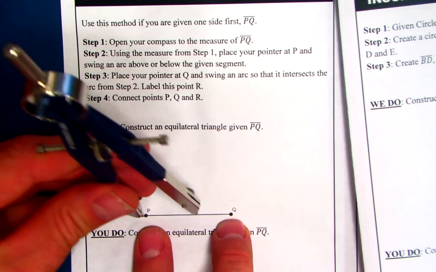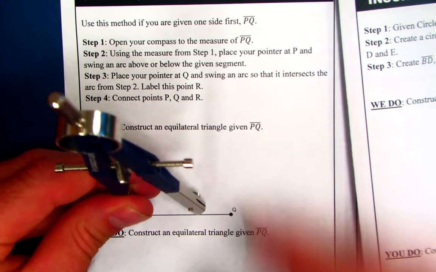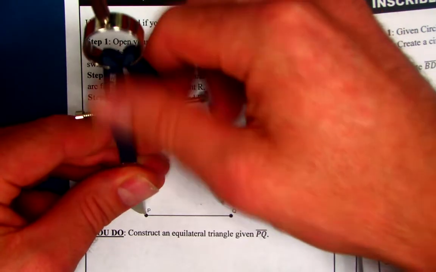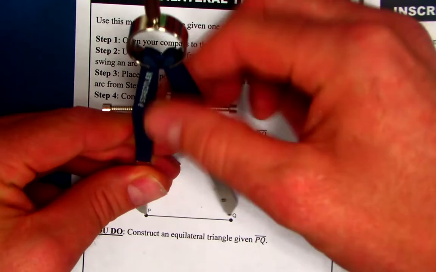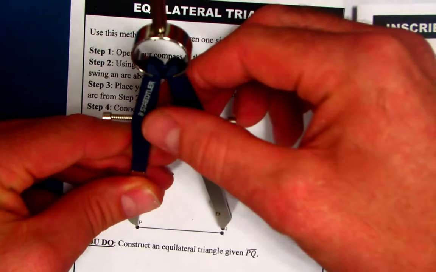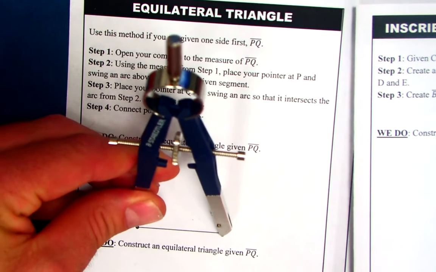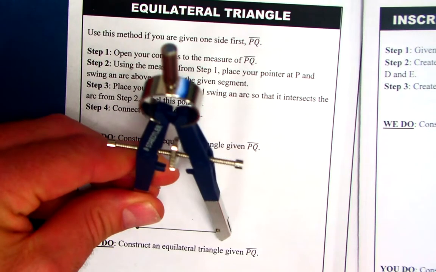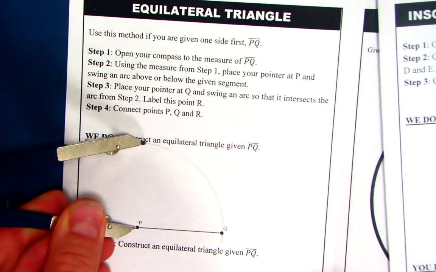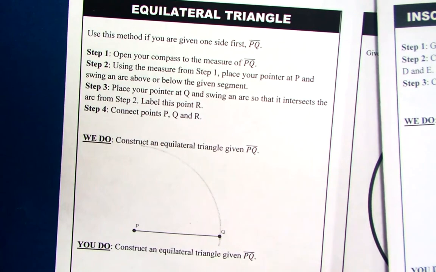Step one is just to put your compass down on P and open it up to a length of PQ. Then use your compass to swing an arc above the segment.